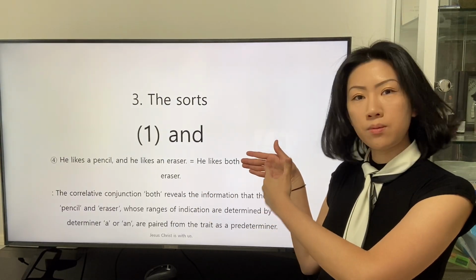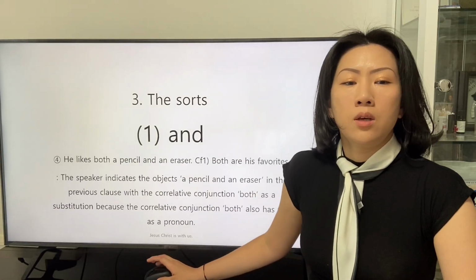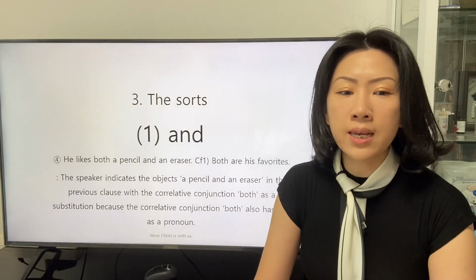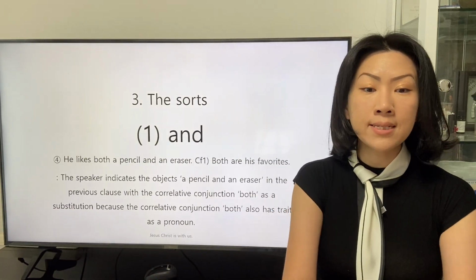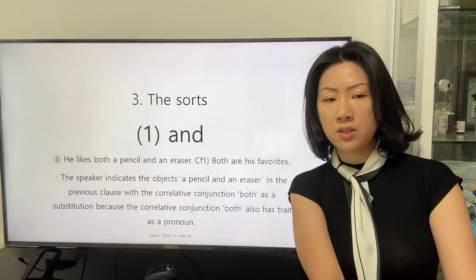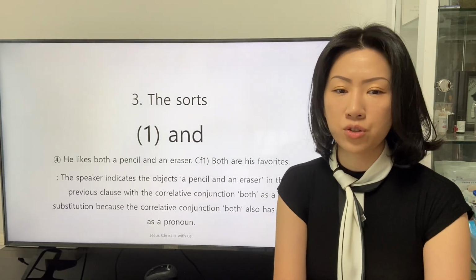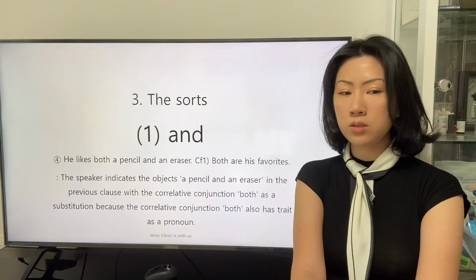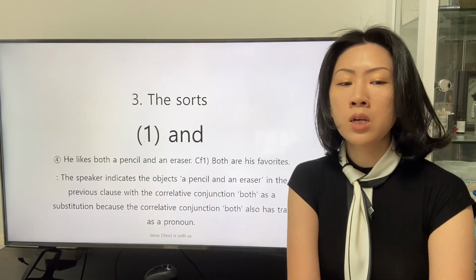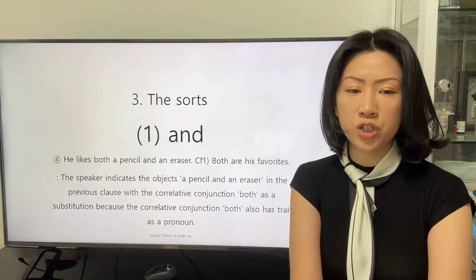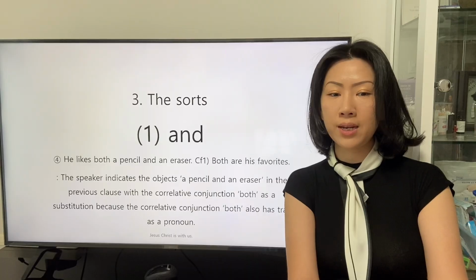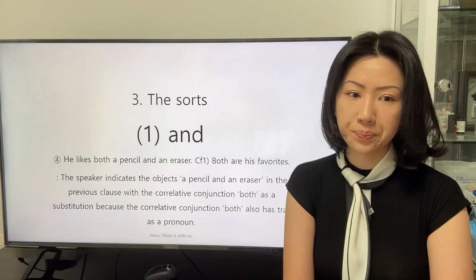He likes both. The speaker indicates the objects, a pencil and an eraser, in the previous clause with the correlative conjunction both as a substitution, because the correlative conjunction both also has a trait as a pronoun.